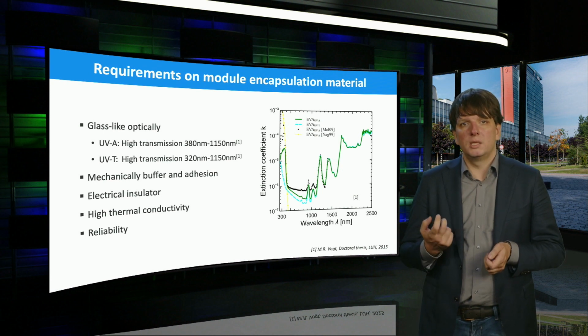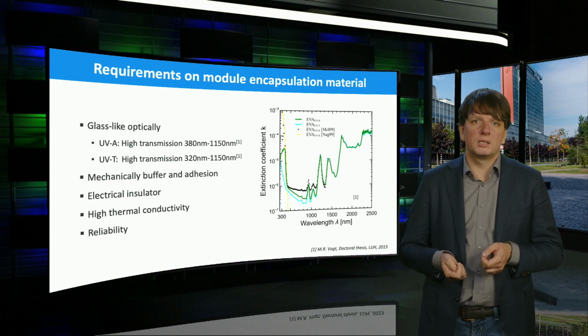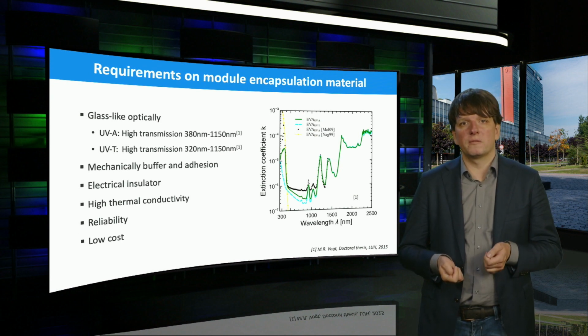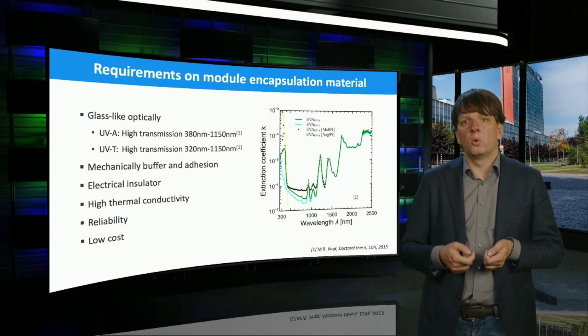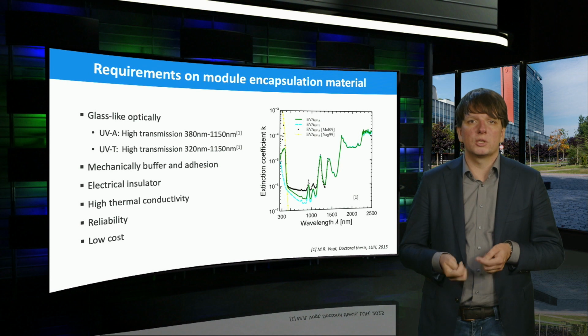Encapsulation materials need good long-term stability to minimize reliability issues. Additionally, the cost of the material must be low enough to be competitive with the other encapsulation materials on the market.